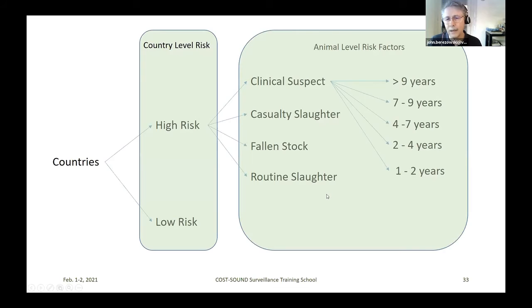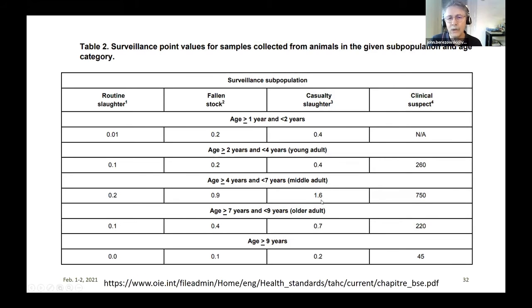So the point is that you receive the most points for clinical suspects, followed by casualty slaughter, followed by fallen stock, followed by routine slaughter, and the most points for animals of a certain age group, so age 4 to 9 years of age.